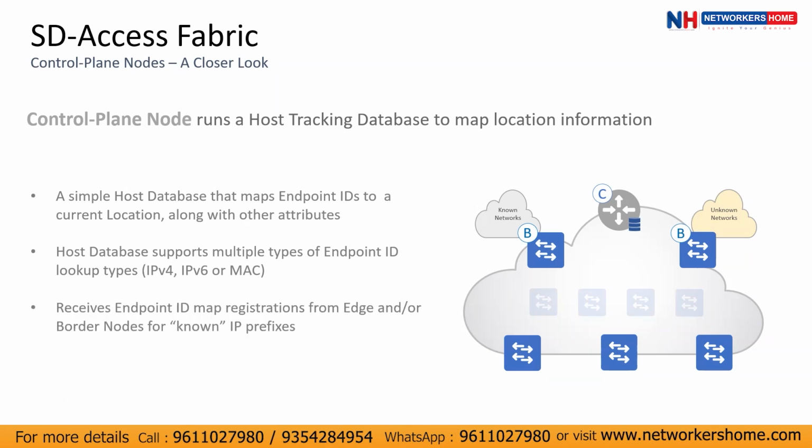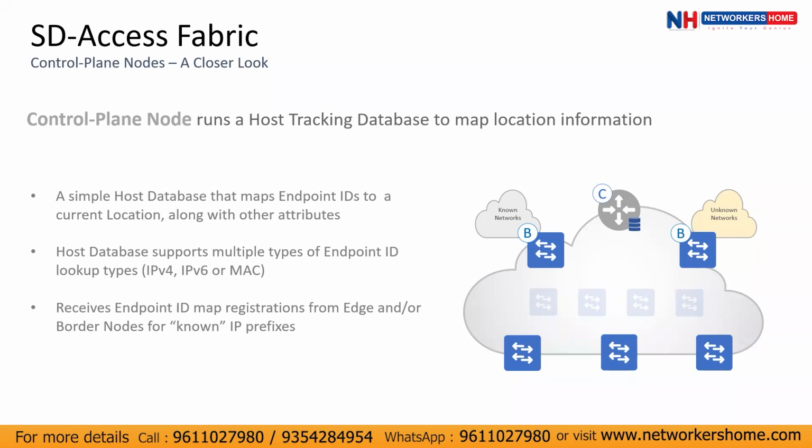So we discussed that as well, like it receives the endpoint IP or ID map registration from the edge switch or the border nodes. So based on the traffic, wherever the endpoint has connected, it will first try to register itself to the control plane.